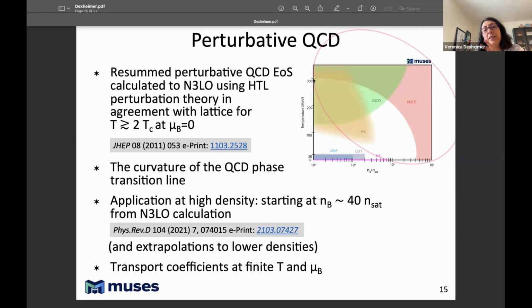Most of the information here is the equation of state, but in some cases they offer a lot more. For example, in this perturbative QCD case, they can also give us information about the curvature of the confinement line in the crossover regime.